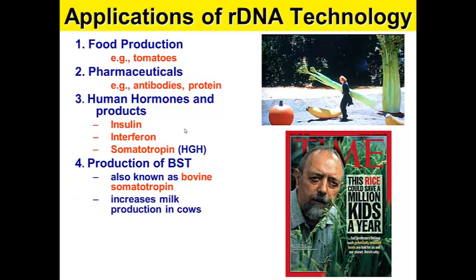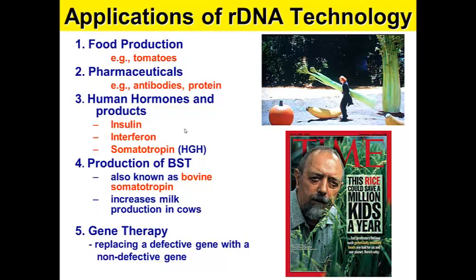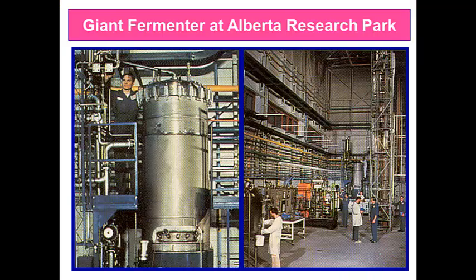It increases milk production in cows. Gene therapy is also something that they're working on, replacing defective genes with non-defective genes. There in Edmonton at the Alberta Research Park, there's a giant fermenter that is used to make recombinant DNA products.